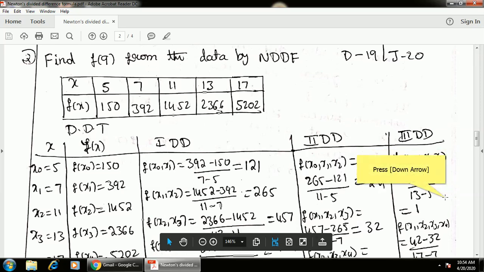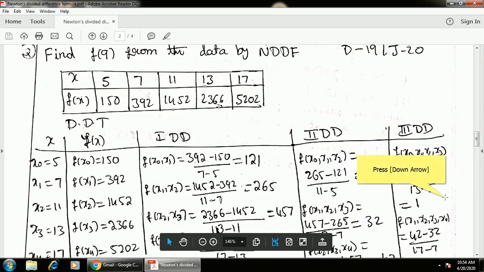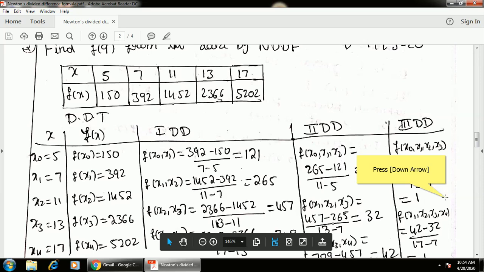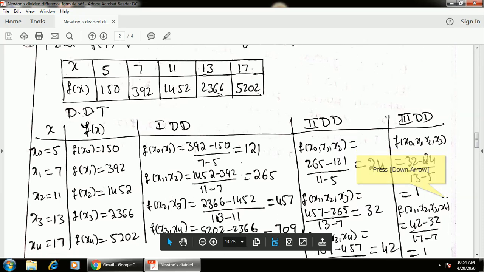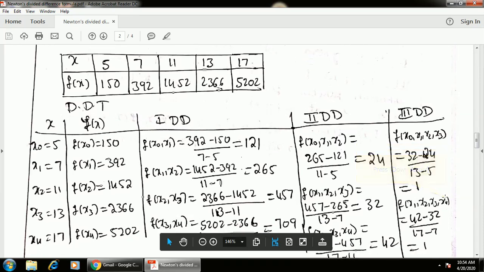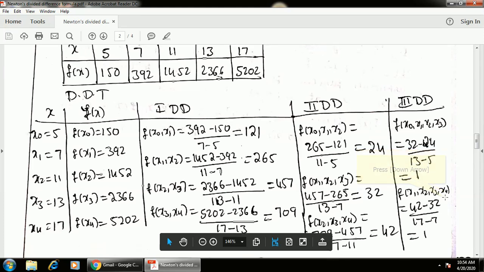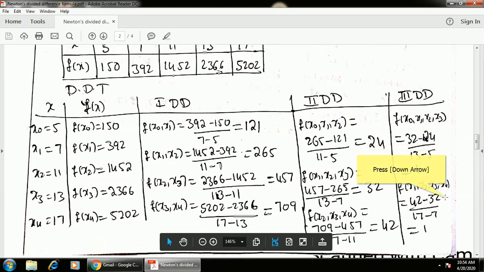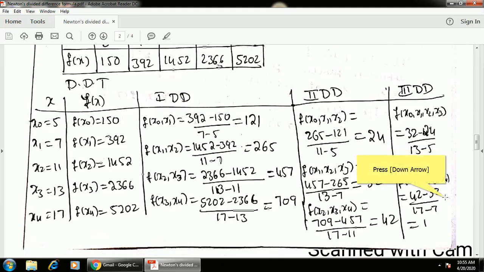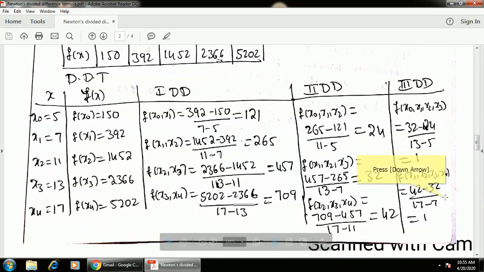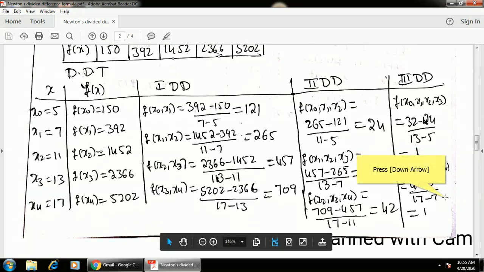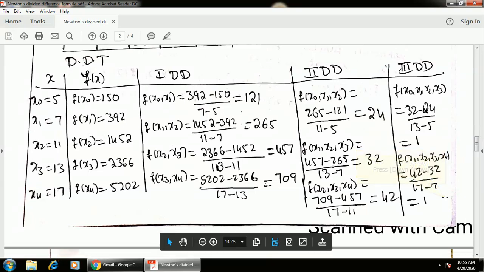First we need to find out the divided differences. The values of x up to x4 are given, x0, x1, x2, x3, x4, with corresponding values of the function. Find the first order divided differences, second order divided differences, third order divided differences.